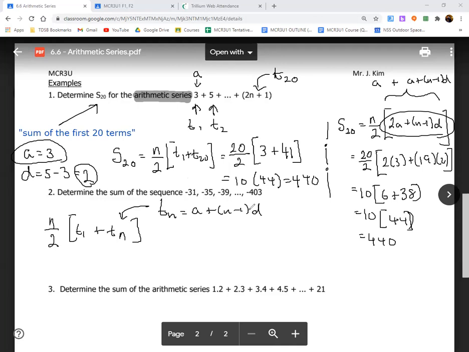Remember from 6.4? That was the equation for a sequence. So if you don't know what the number is, it's okay. I can figure it out. T1 is the first term, and Tn is a plus (n minus 1)d. So my bracket is actually just this. There's the first term, and that's the last term.